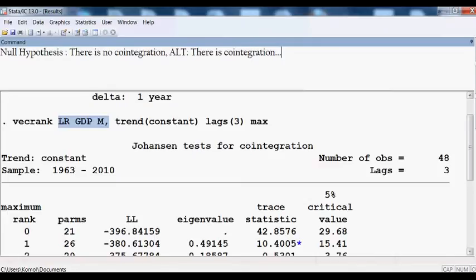And when the variables are co-integrated, then we can run the VECM model or error correction model, and that we shall be doing now. Error correction model is a single equation model, not a multiple equation model, and that we shall be developing now. Thank you very much for being with me for a while.